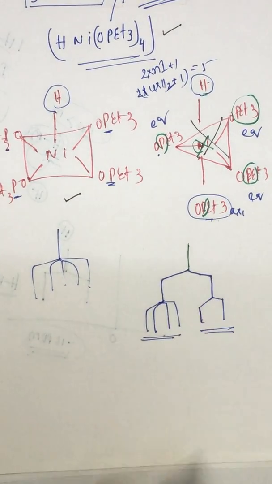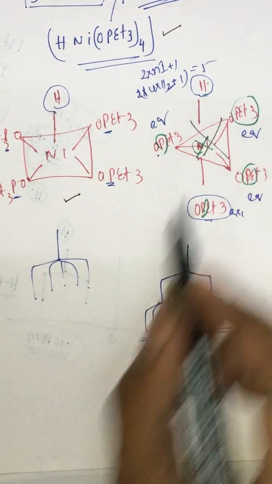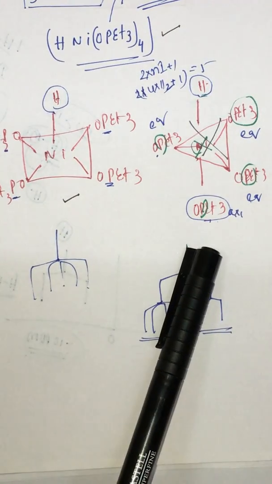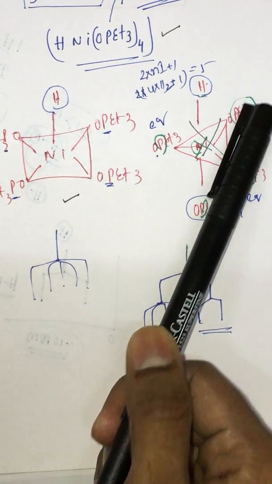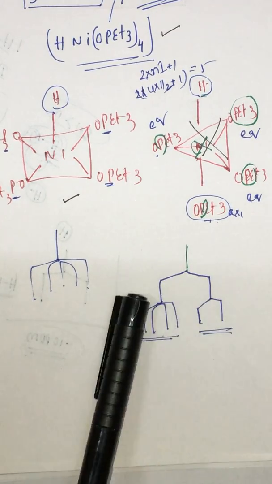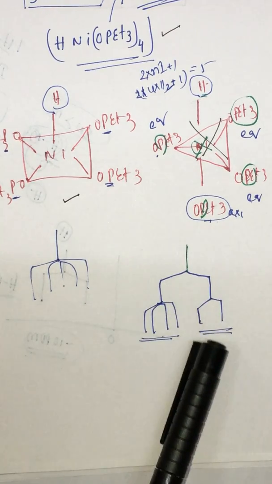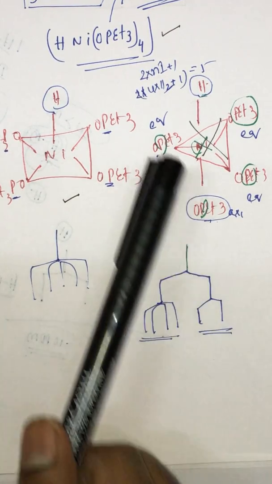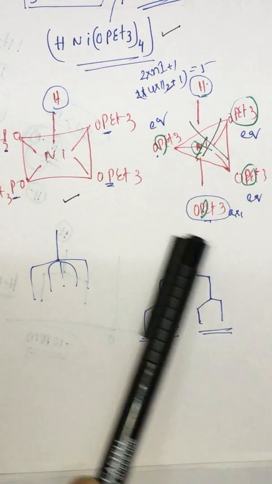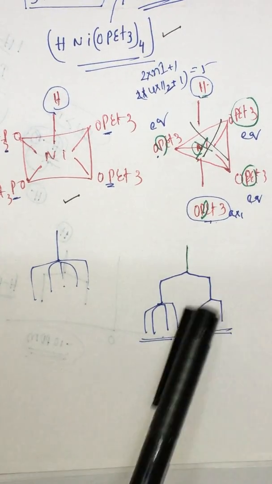Okay, so don't get confused. Here we have a single line for hydrogen, and there are 2 different phosphorus types: one is axial phosphorus, another is equatorial phosphorus. For those 2 we will get a doublet. This singlet further splits into a doublet, and further there is coupling with 3 equatorial phosphorus and 1 axial phosphorus. After coupling with the 3 phosphorus, we will get one 4-line signal, and here we will get the one 2-line signal.